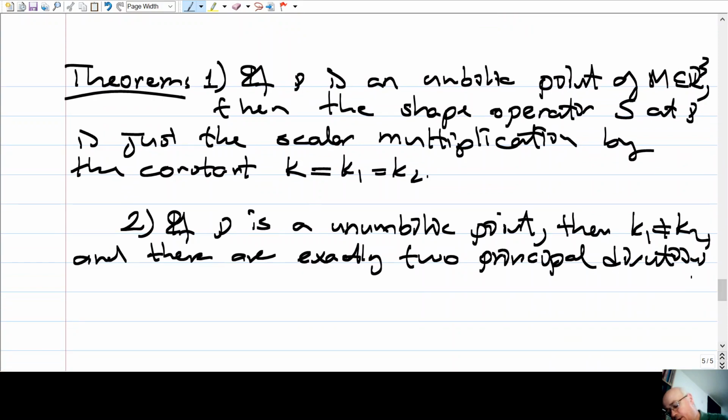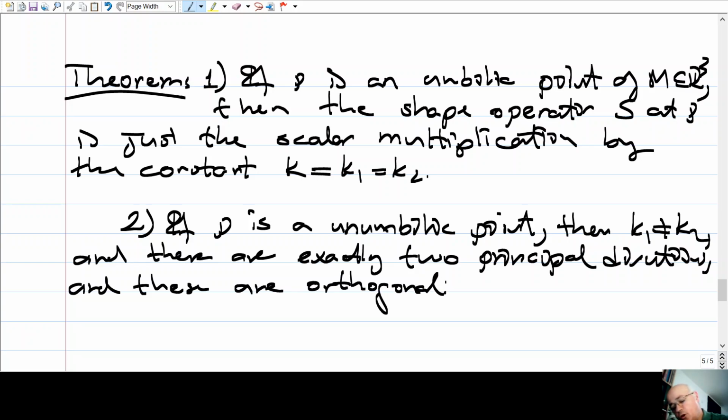One is giving the minimal, the other one is giving the maximal curvature, and these directions are orthogonal. So the directions along which the surface is bending the most and the least should necessarily be perpendicular to each other.